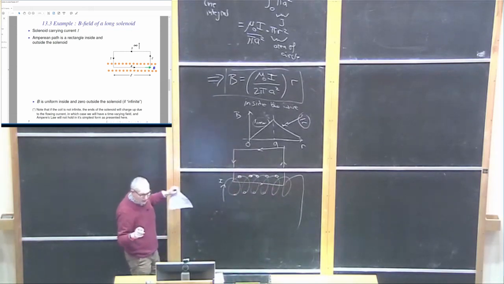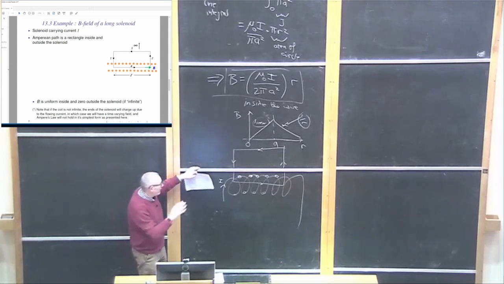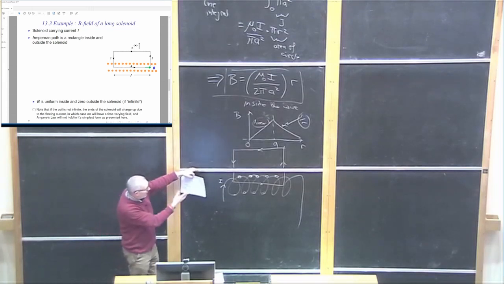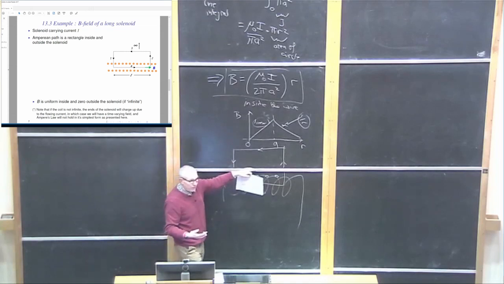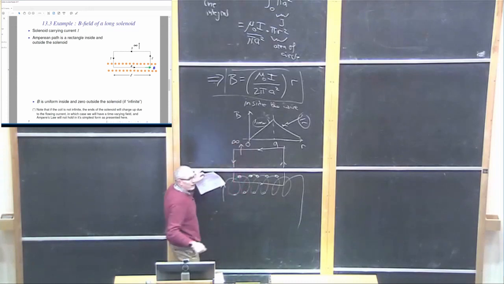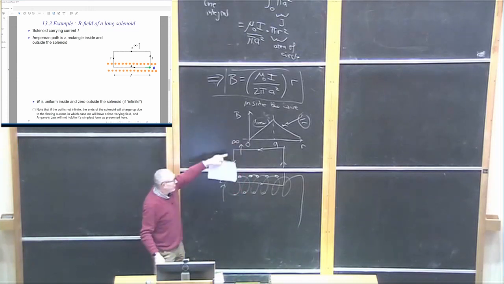Now it's really neat this, because you just use Ampere's law literally. So you've got this surface here, this line, and you let this go to infinity, right? You just shove that line off to infinity.